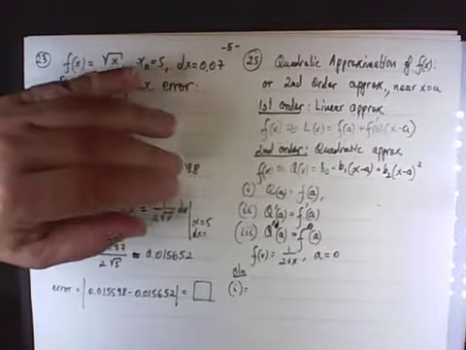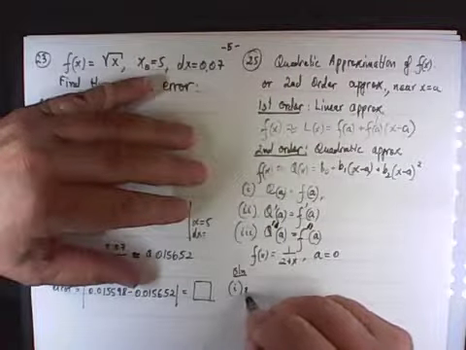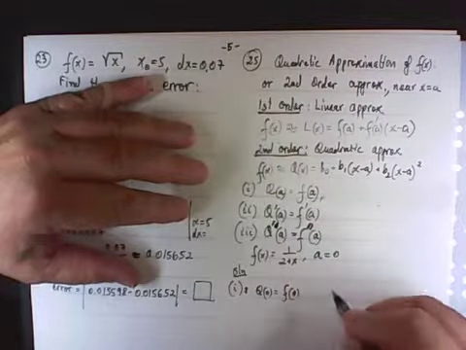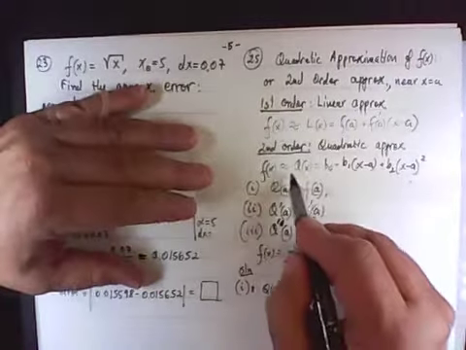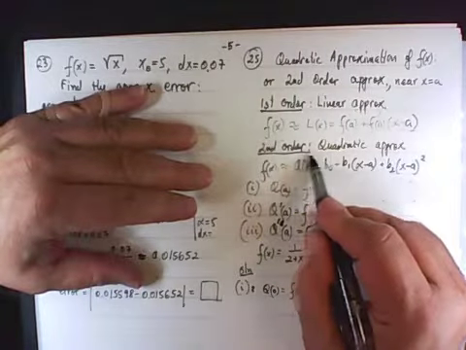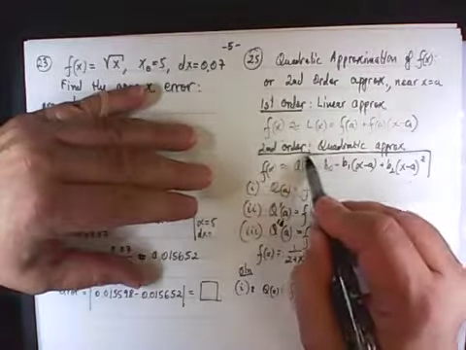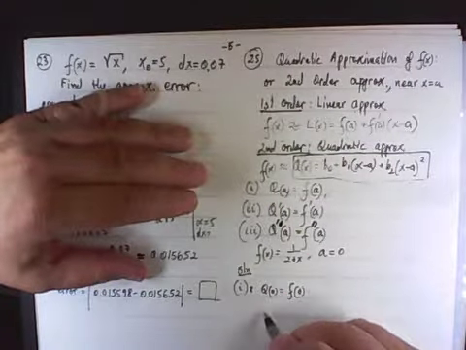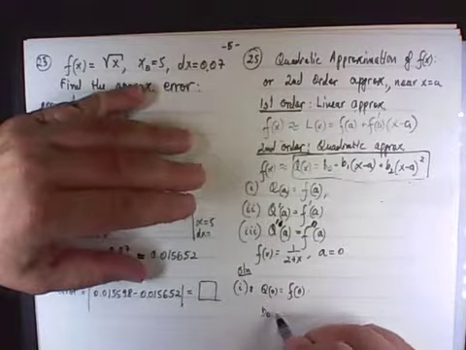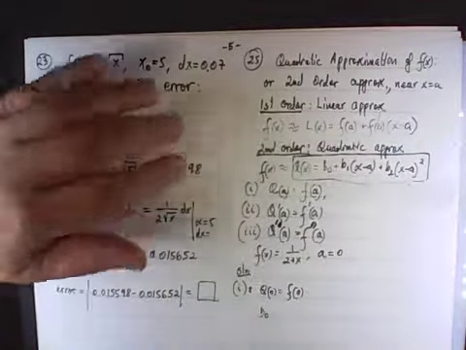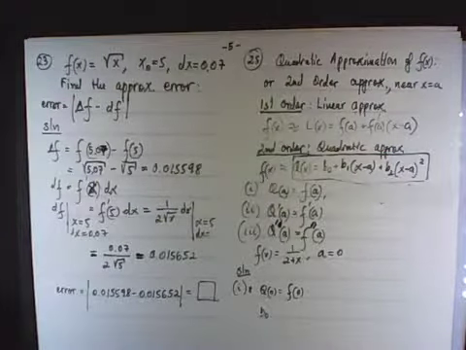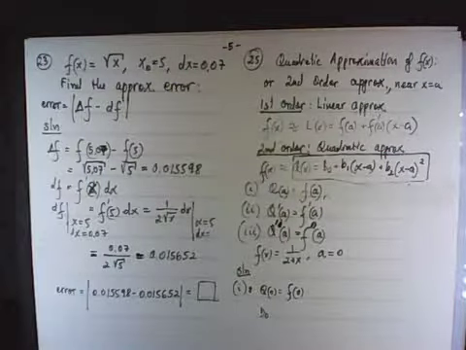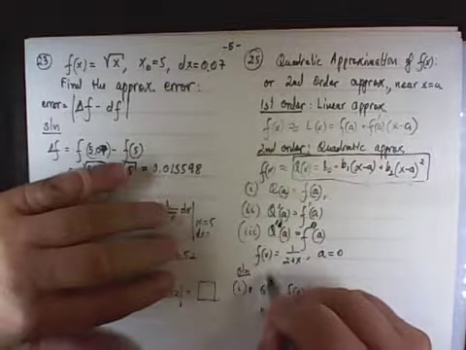Q of 0 is supposed to equal f of 0. Well, let's first write Q of x.